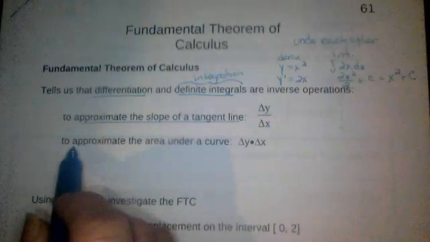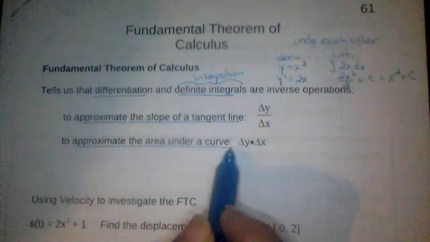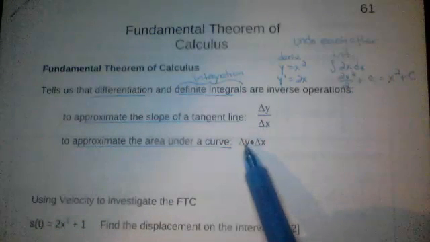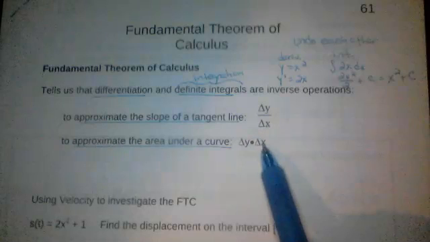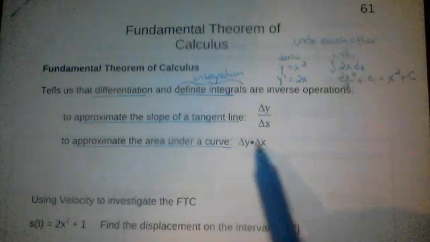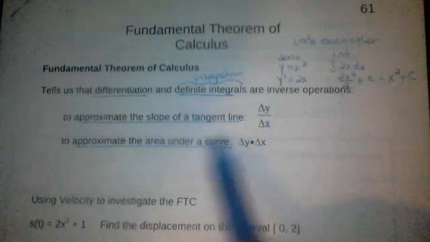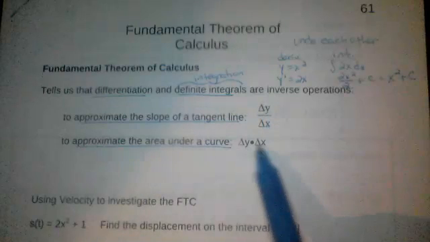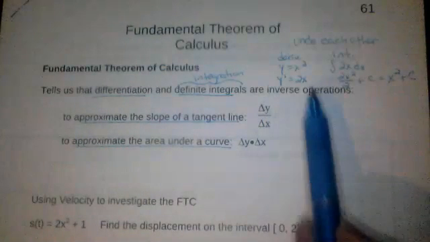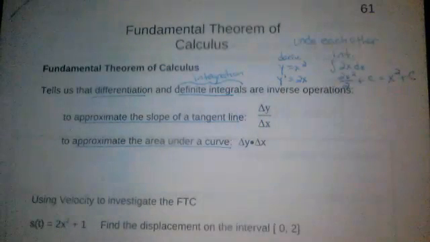But to approximate the area under the curve, what we're doing is multiplying the change in y times the change in x. These are like the rectangles that we've been finding. So to find the slope of the tangent line, we're dividing. To find the area, we multiply. So again, it helps us to understand why these two different things undo one another.